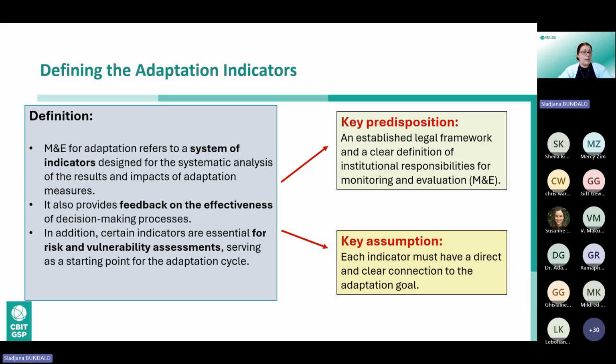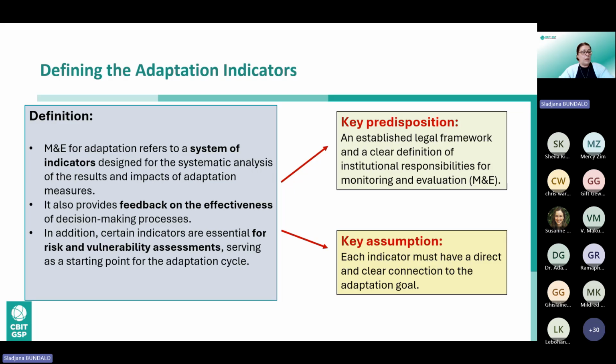Also, it's important to mention that in the case of some indicators, they have a dual role. They are also essential for risk and vulnerability assessments, which is very often the starting point for planning your adaptation cycle. Also, for the establishment of the M&E system to function effectively, there must be a legal framework in place.